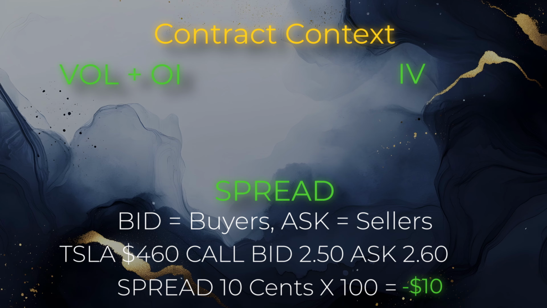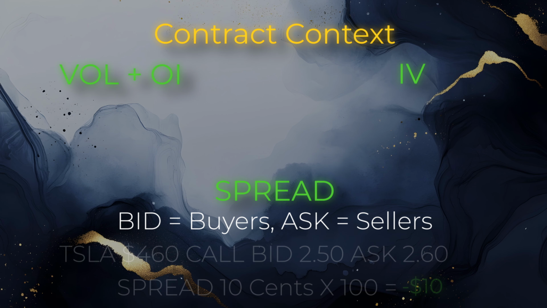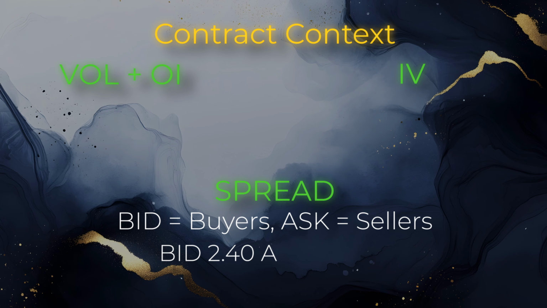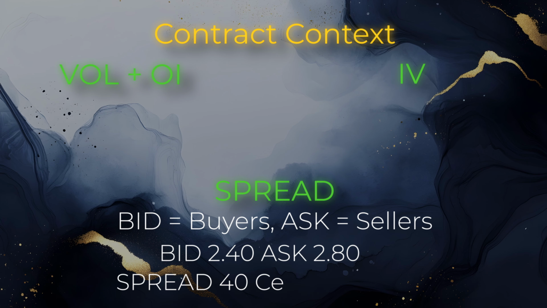You're only $10 down the moment you buy. Compare that to a bid of 2.40 and an ask of 2.80, that's a 40-cent wide spread. That's $40 gone instantly before the stock even moves. A busy vendor has a tight spread. You buy and sell fast with minimal loss.